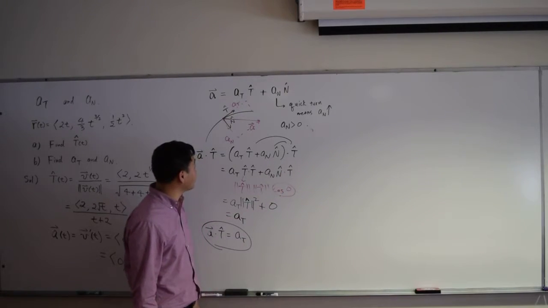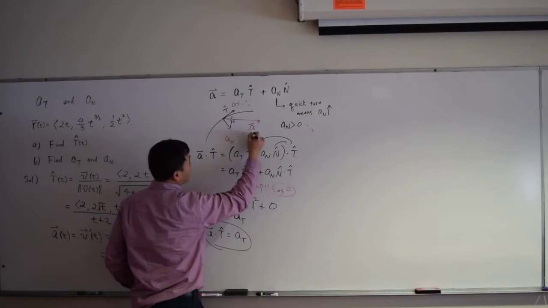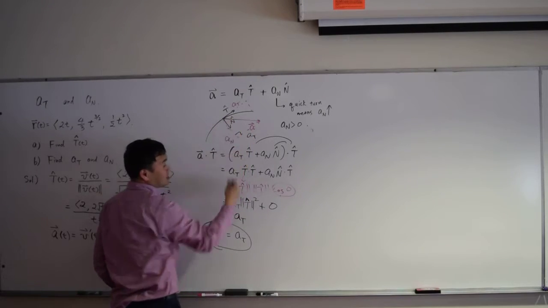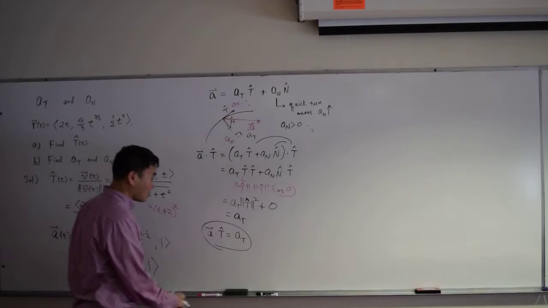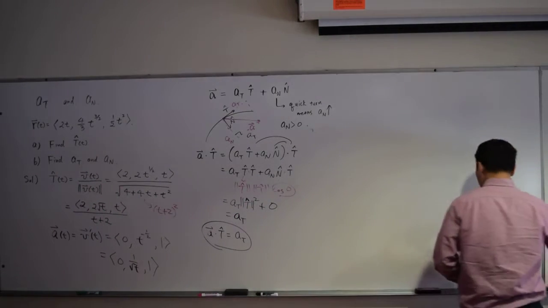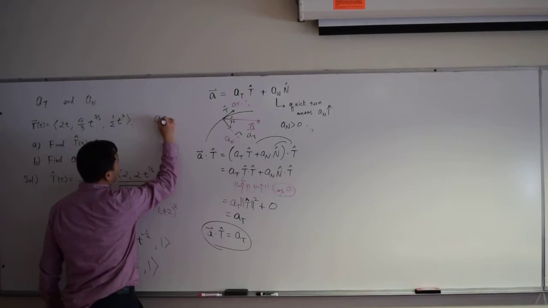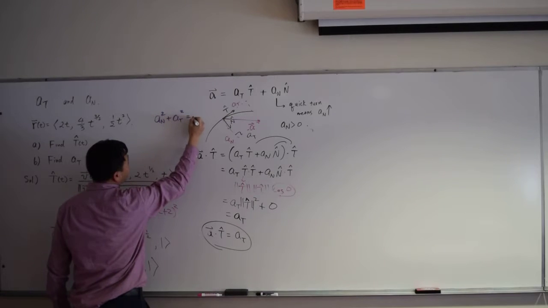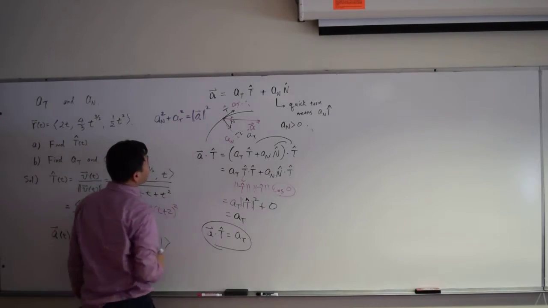Instead, in this picture, this is AN, that's AT, and this is 90 degrees. So there's a Pythagorean theorem acting on it. What's the Pythagorean theorem? If you have AN and AT, square, sum it up, that's same as the length of A squared.